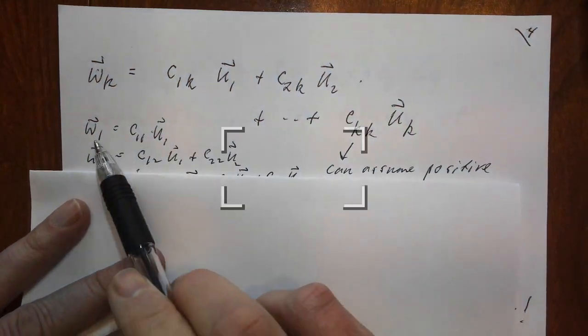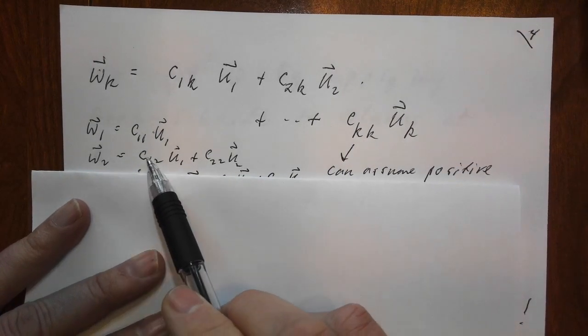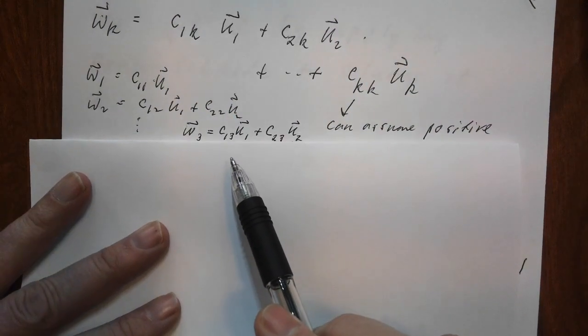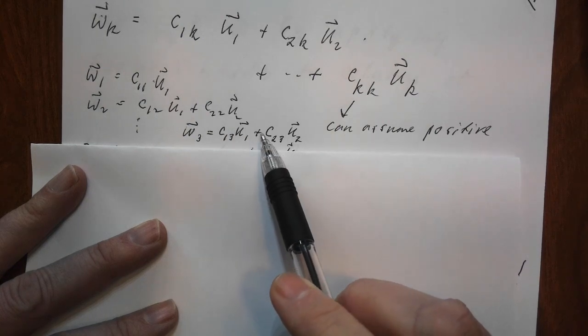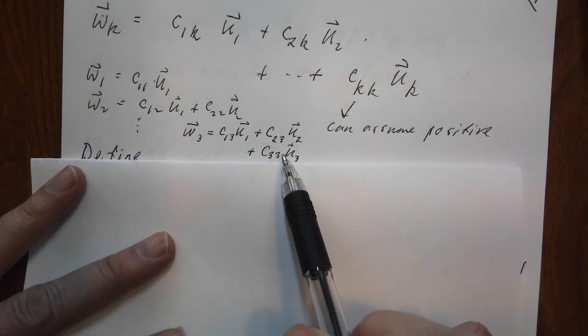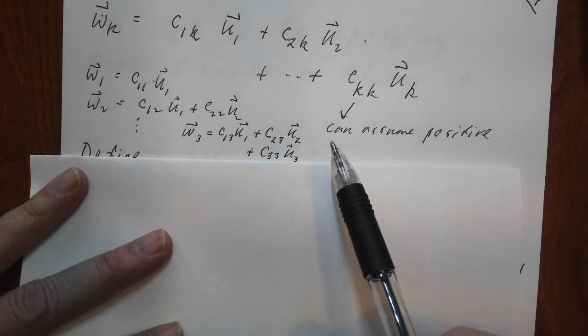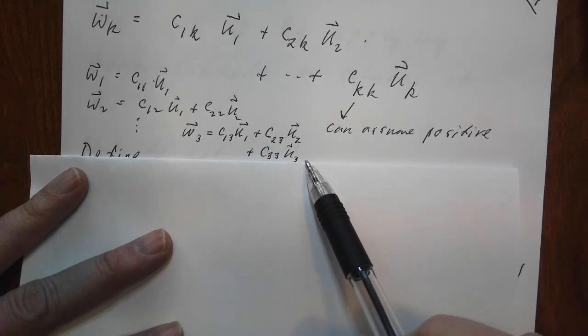So for example, W1 would be c11 u1. W2 would be c12 u1 plus c22 u2. W3 would be c13 u1 plus c23 u2 plus c33 u3, and so on and so forth. So W4 would be a linear combination of u1, u2, u3, u4.